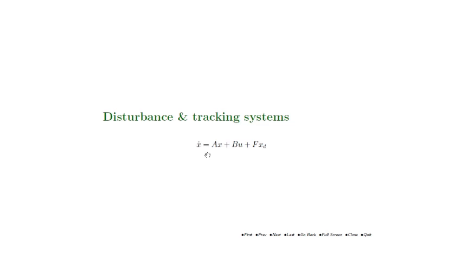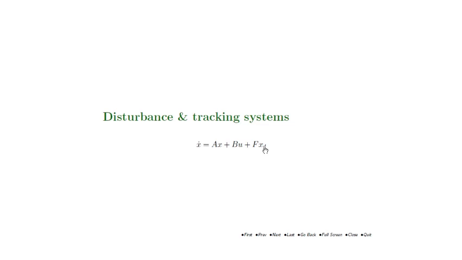And he also showed this alternative form of the state differential equation, where the A and the B matrices have the same meaning as before, but you have another matrix, the F matrix, pre-multiplying the disturbance state, X sub D.